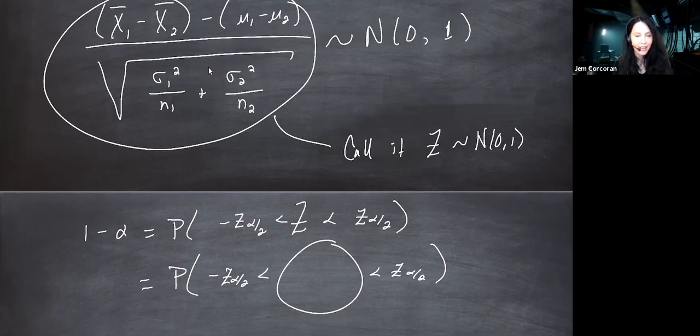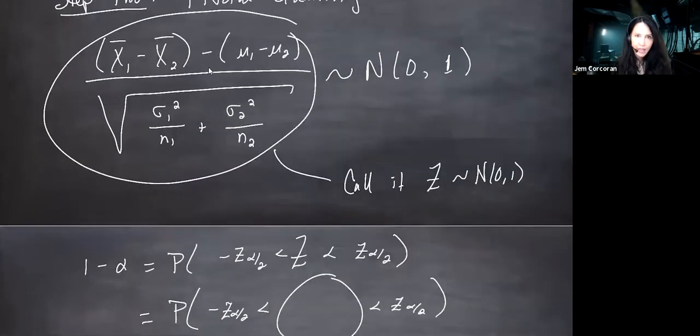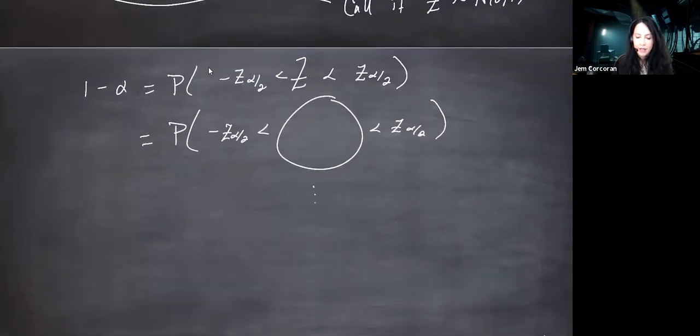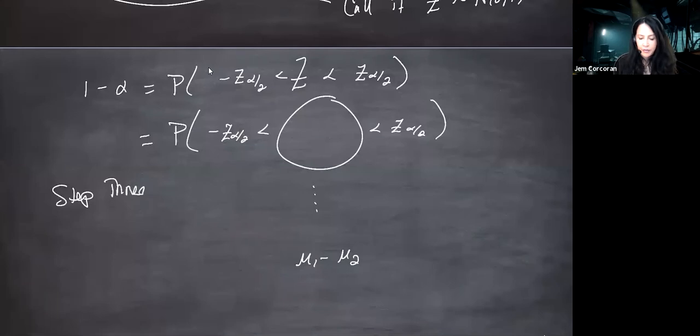And then we want step 3 or step 4, solve down to get mu1 minus mu2 in the middle. I give up on the numbers. Step 3, solve for the thing we're trying to estimate, mu1 minus mu2, in the middle.